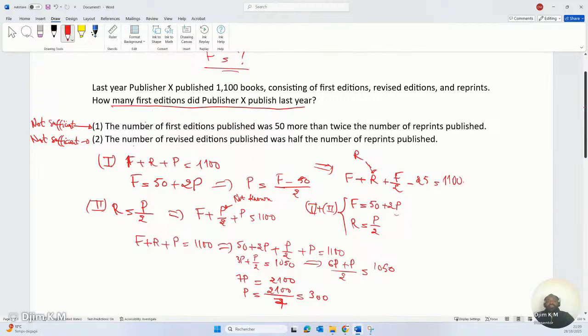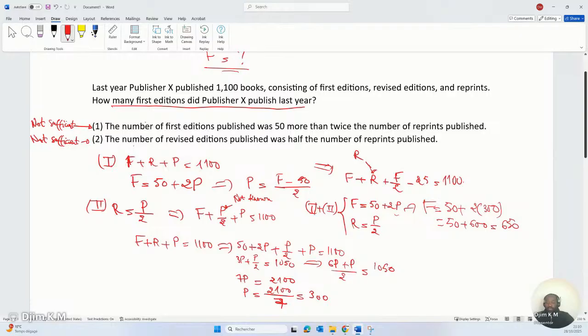Since the value of P is equal to 300, F will be equal to 50 plus 2 times 300. F will be equal to 50 plus 600, which is 650.